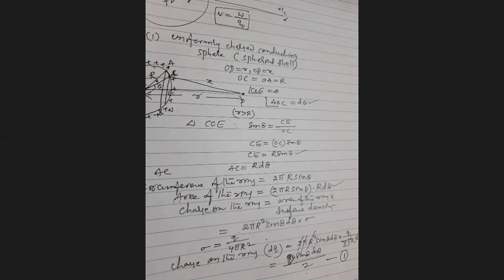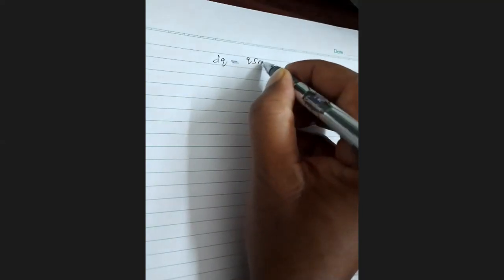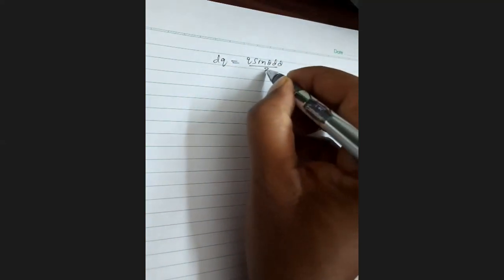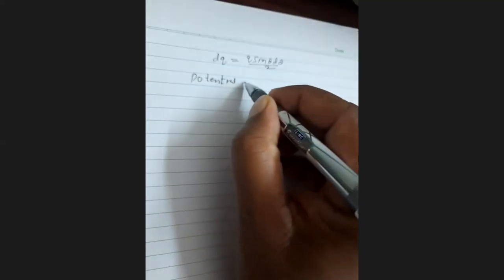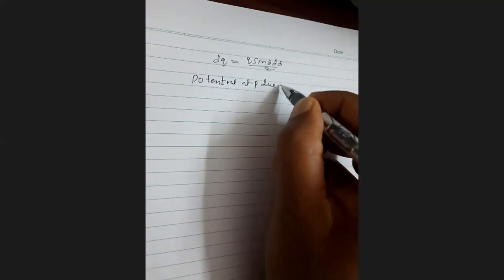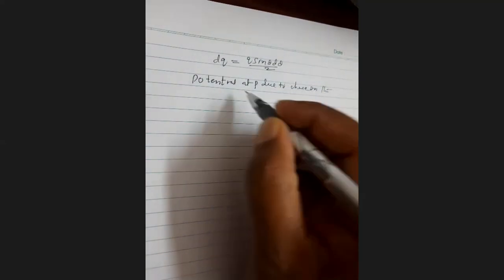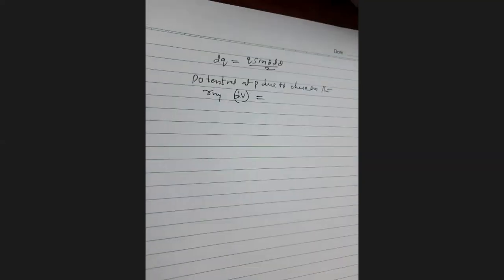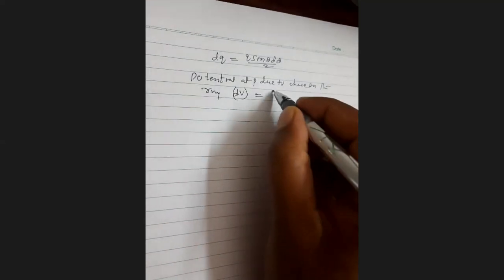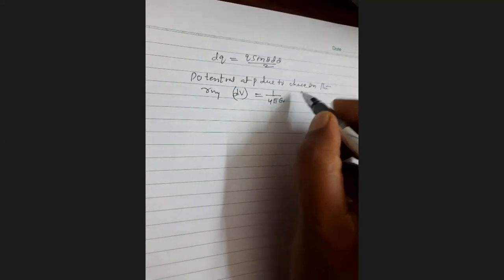Now, since the charge on the ring dq equals q sine theta d theta by 2, the potential at P due to the charge on the ring, dV, how do we write it? From the formula 1 by 4 pi epsilon naught q by r.